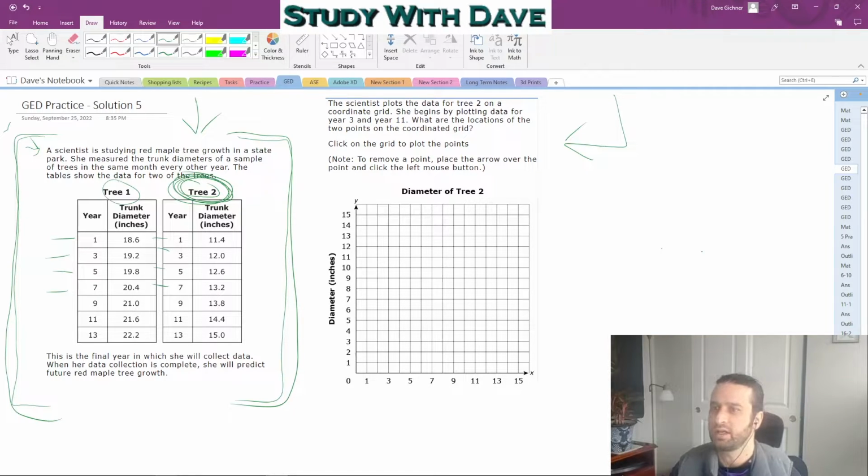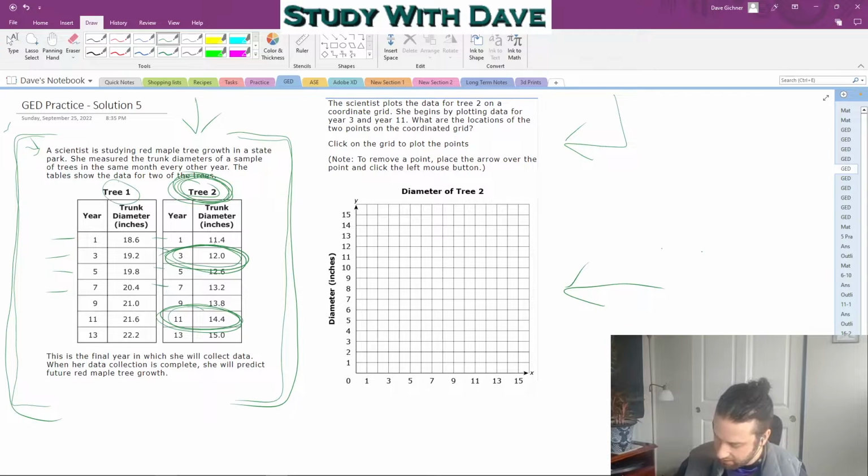She begins by plotting data for year 3 and year 11. So year 3 and year 11. And what are the locations of the 2 points on the coordinate grid? So this is just a real long way of saying plot the points (3, 12) and (11, 14.4) on this grid.